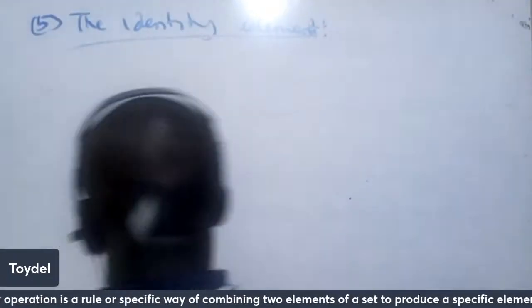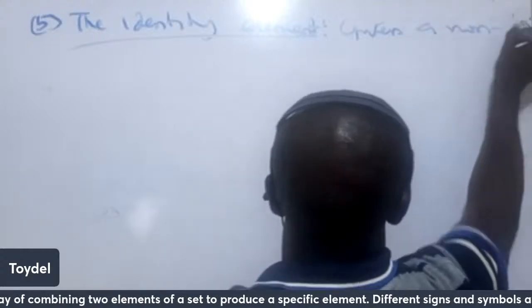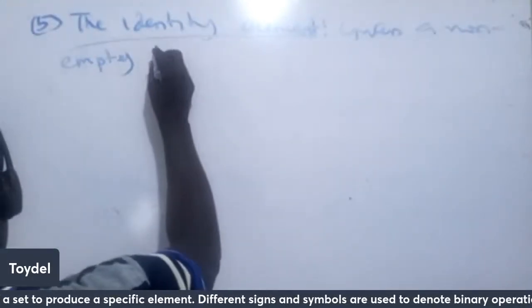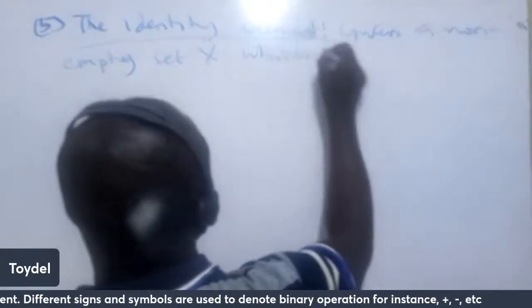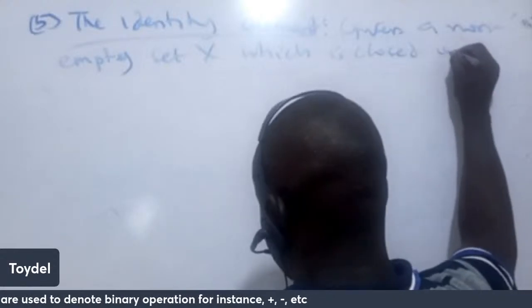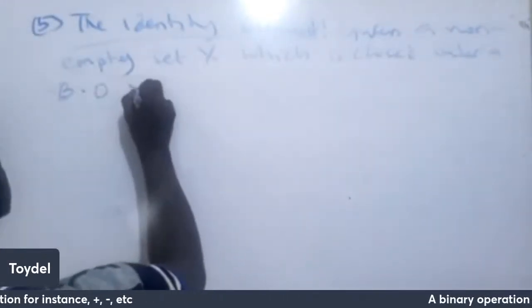So let's give the definition. Given a non-empty set X, of course we have established in the first class that the set must be non-empty, which is closed under a binary operation asterisk.